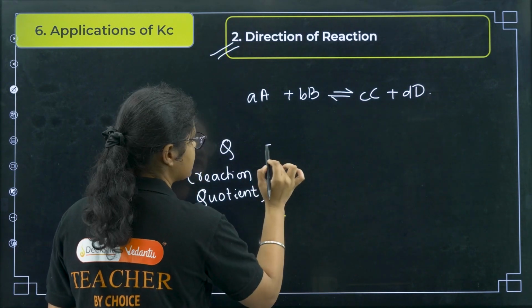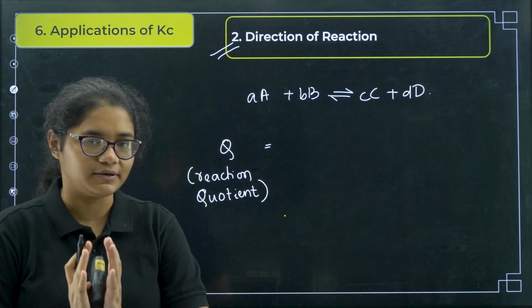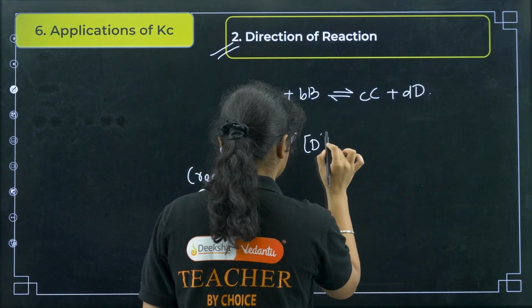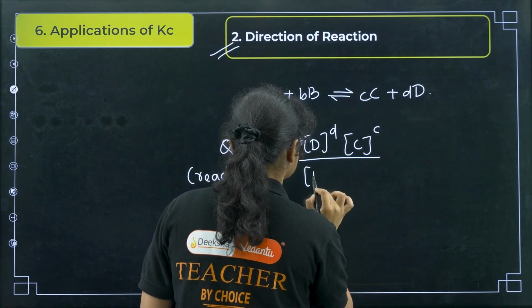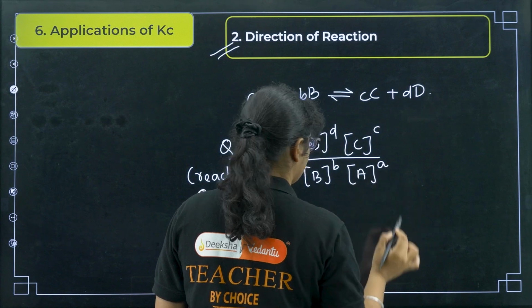Now what is this reaction quotient? The formula of the reaction quotient is the same as that of the equilibrium constant formula. So here I can write this as concentration of D to the power of d, concentration of C to the power of c, divided by concentration of B to the power of b and concentration of A to the power of a. Right.